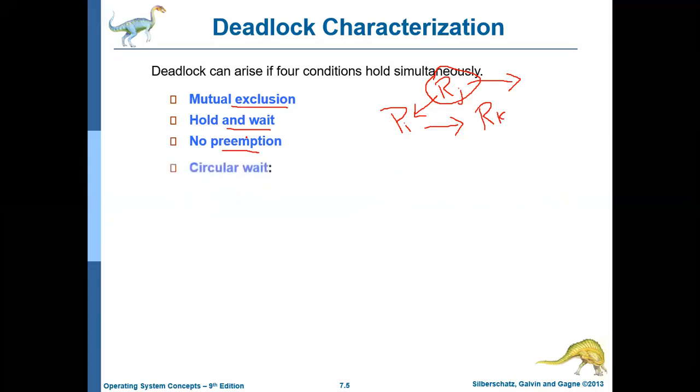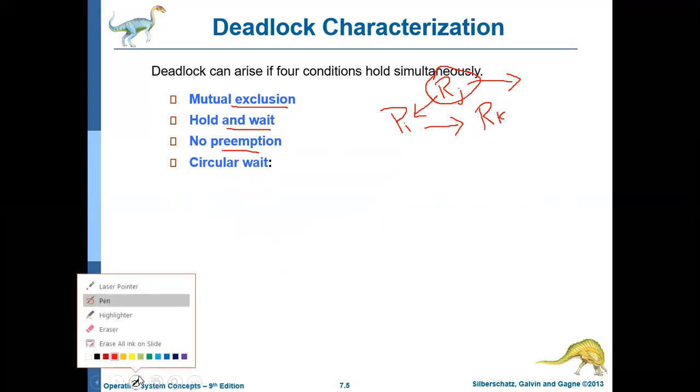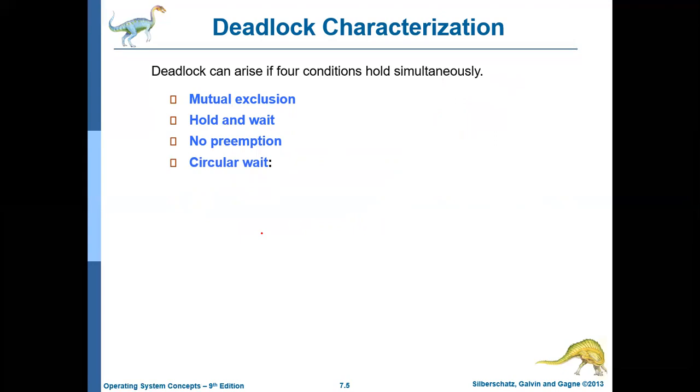And the fourth is circular wait. In the previous example, we have discussed circular wait. More formally, we can define circular wait as something like this. Say, for example, we have many processes, P1, P2, P3 up to Pn.